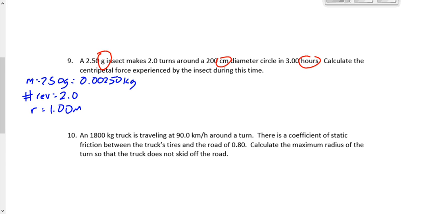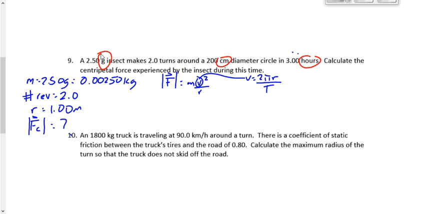We want to find the force here. So we're going to say F is equal to mv squared over r. But we don't know what v is, so we say v is equal to 2 pi r over t. Oh, wait a sec. There's a time here. 3 hours. Is that big T or little t?